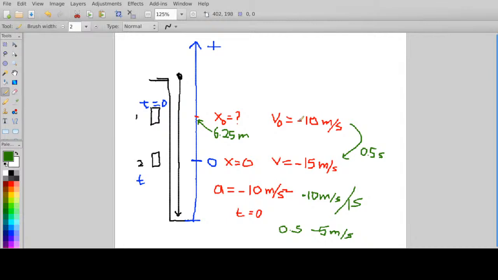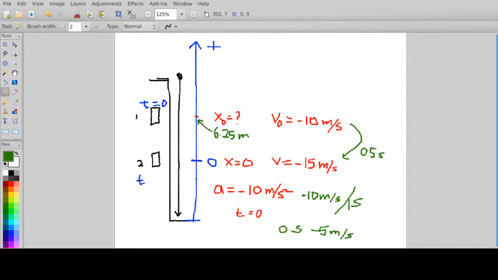If you're at 10 meters per second down, half a second later you're at 15 meters per second down. So that's the meaning of acceleration. I set up this problem to make it as clear as possible what acceleration means. It's not how fast you're going, it's how much the velocity is increasing or decreasing over time. And that per second squared, you could think of as meters per second per second. It tells you how much the meters per second increases every second.